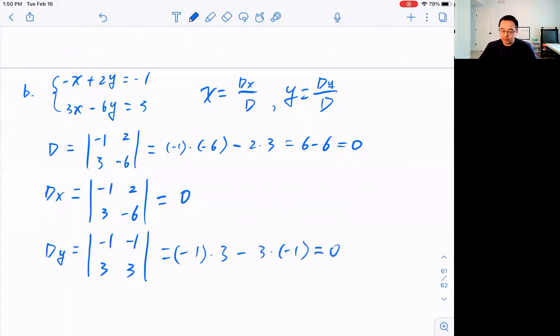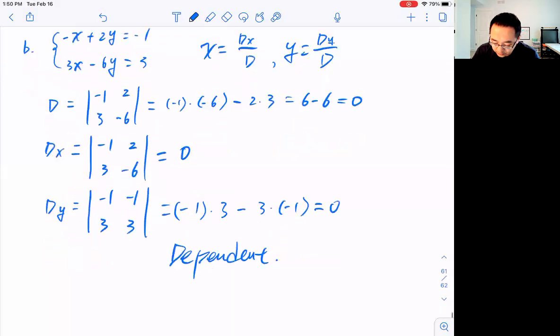Well, because dx and dy are both 0, when d is 0, that means this system is dependent, which means it has an infinite number of solutions. Okay. All right. So that's Cramer's rule, which is very useful in the simple two-variable, two-equation case.